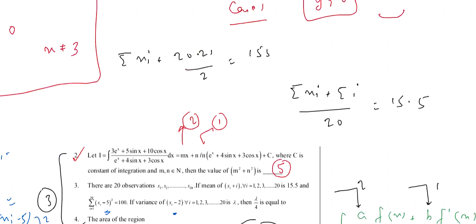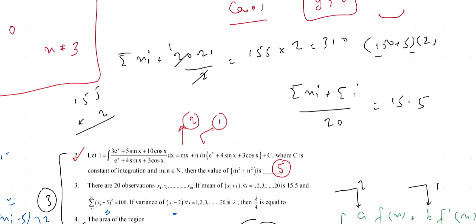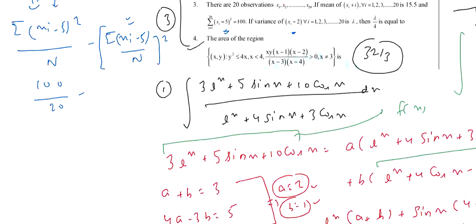So 155 multiplied by 2, that is equal to 310. That implies sigma xi plus 210 is equal to 310. That implies sigma xi is 100. ठीक है, तो इसकी वैल्यू 100 हो जाएगी.